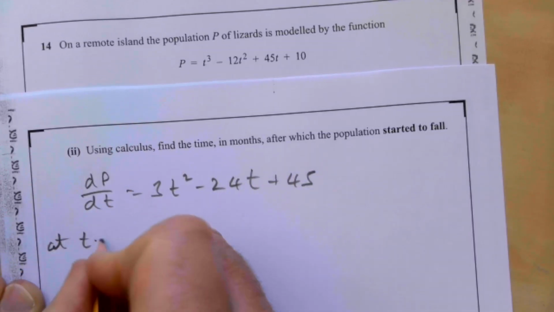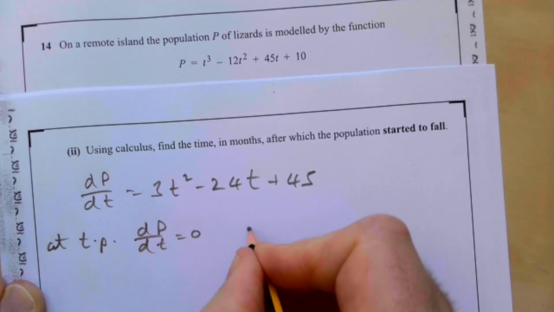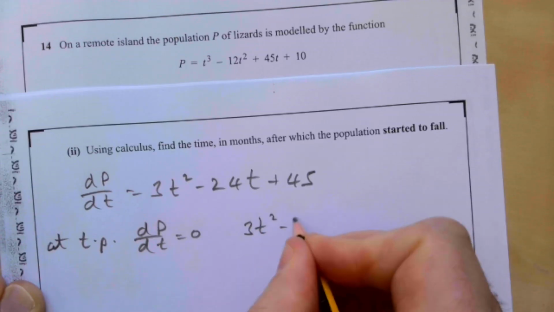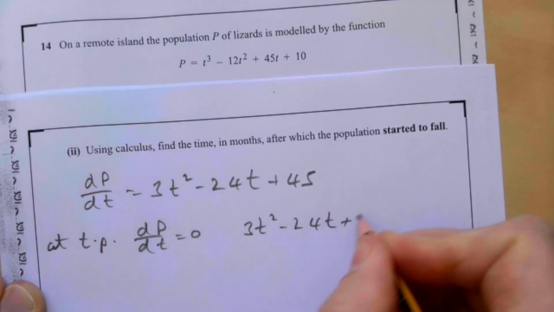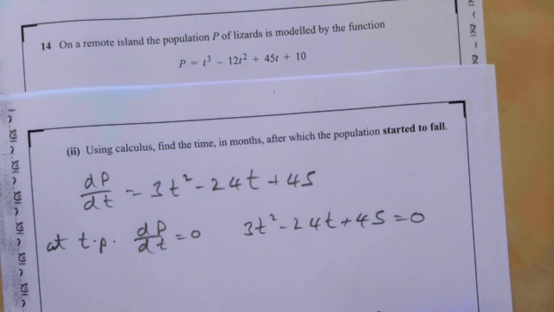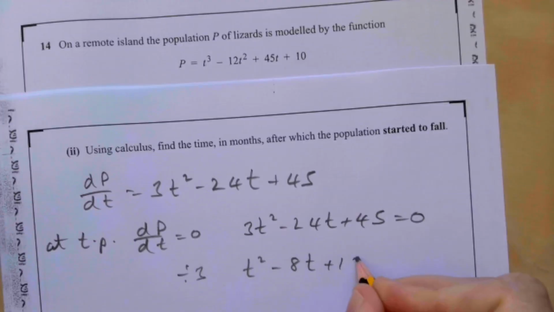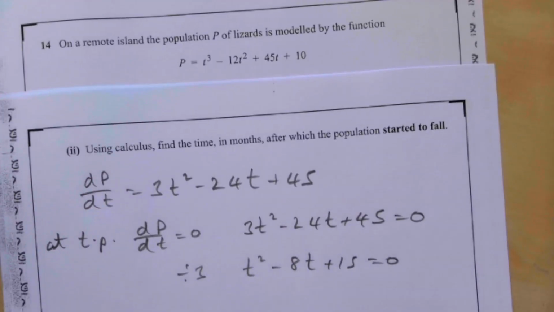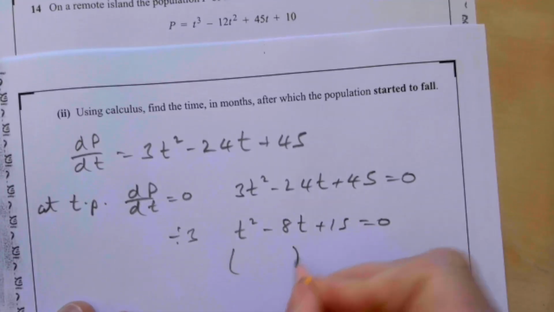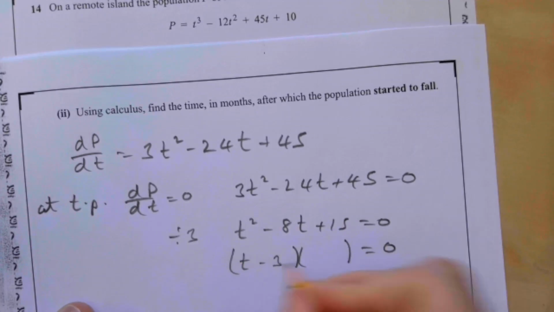We want to know where the turning point is. So at a turning point dP by dt equals 0. So that means 3t squared minus 24t plus 45 equals 0. Because it's equal to 0, we can now divide by 3. t squared minus 8t plus 15 is 0, and that factorizes for us. So we get t minus 3 and t minus 5.